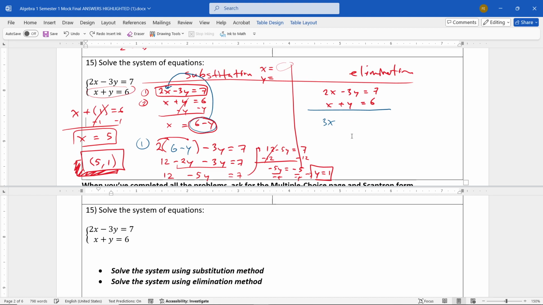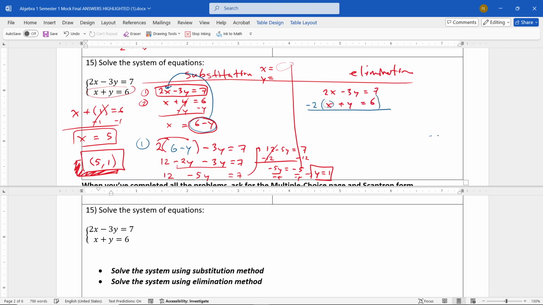So in this case, you would have to multiply one of these equations by something to force either x or y to cancel. So if you want to cancel the x's, you can multiply this whole equation by negative 2 to force a negative 2x here that would cancel. Another choice, you could also multiply by positive 3 to force the y's to cancel if you want a 3 there. But I'm going to choose the x's.